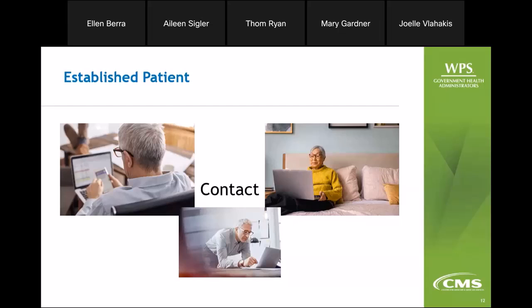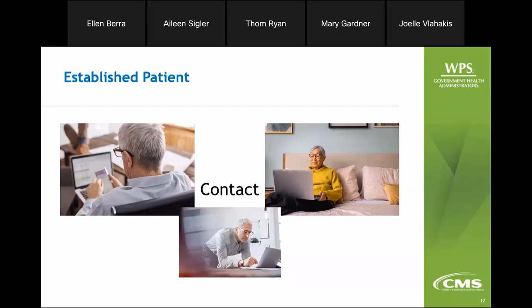Let's say for an established patient, you're not having a face-to-face with that patient. So you're talking to the patient on the telephone or you're exchanging emails or however you decide to do that. You need their consent in order to bill for CCM.